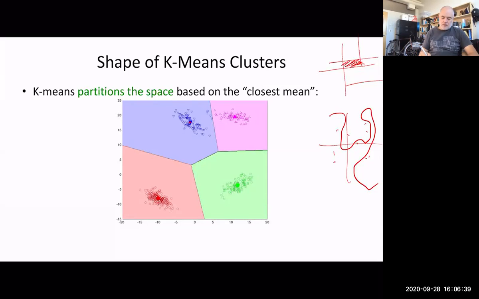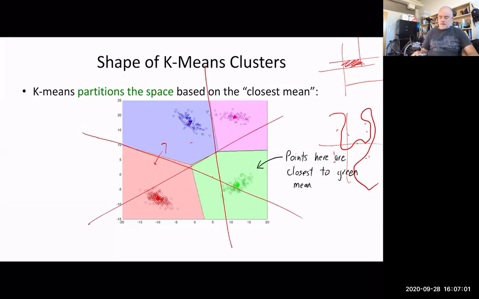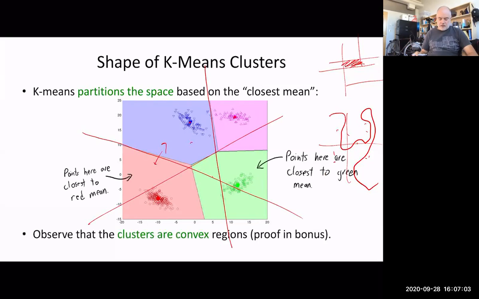So basically there's a partition between this purple and blue subspace, and there's a partition between the blue and the green subspace, and there's a partition between the red and the blue subspace, and so on and so forth, right? These are all half planes as well. Great. Everything in there is close to the green, everything in there is close to the red.